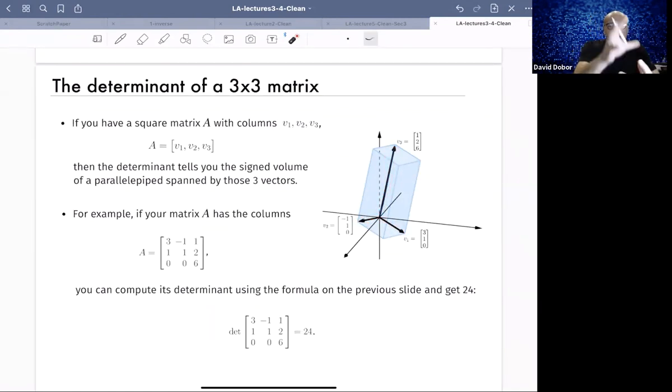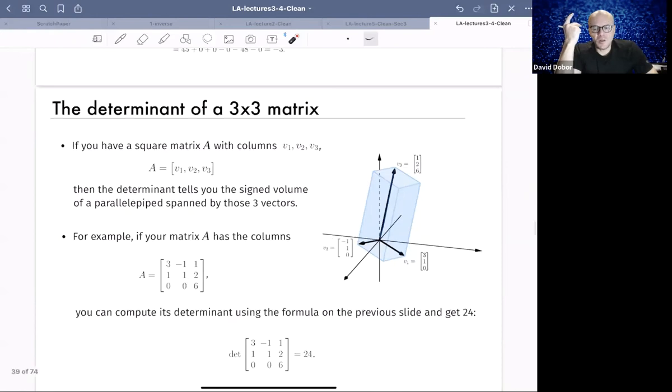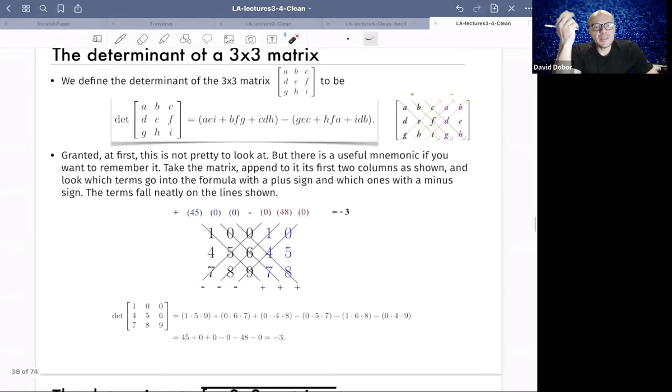That is, you can build a box, a parallelepiped, we'll call it a box, in this three-dimensional space. It has some volume. You will have a volume unless those three vectors lie in the same plane or they're all on the same line. If you don't have that kind of case, you'll get a box. The volume of that box is the determinant of this matrix.